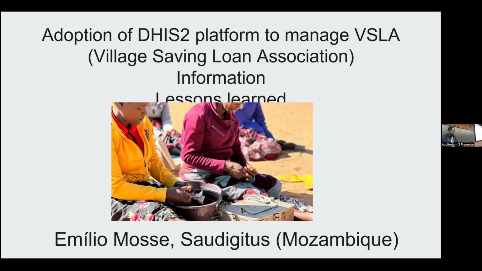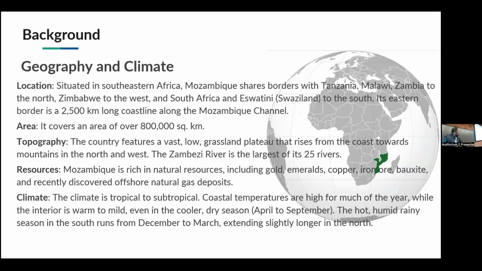In this case, we will be talking about the adoption of the DHIS platform to manage VSLA, which is a Village Savings and Loan Association, in terms of managing information. Here we will be discussing a little bit about the lessons learned during this process. Probably most of you know where Mozambique is located. If you look at Africa, it is the green part of the continent.